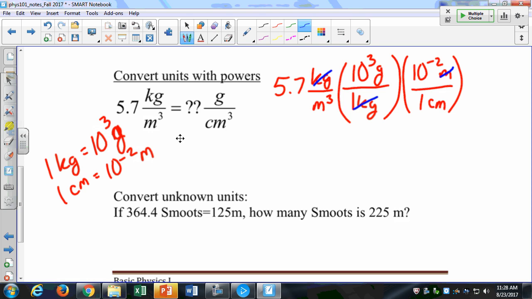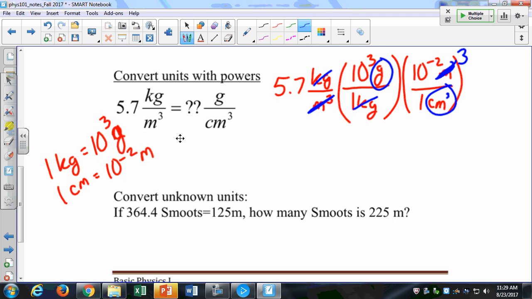No. So whenever you have units that are to a power, a cube or a square or whatever, you have to cube that unit conversion factor. So that now I get cubic meters up here and cubic centimeters down here. I cubed that whole thing. So then these units would cancel out, and I'd be left with grams per cubic centimeter.